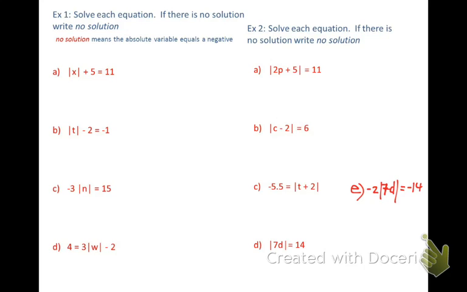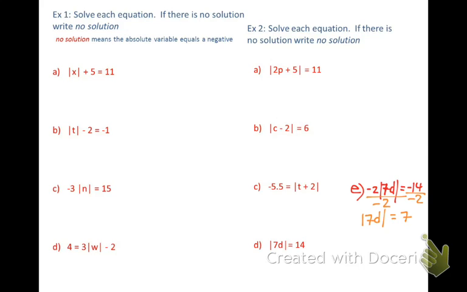And as you can see, the absolute value is not by itself yet. So to get rid of the negative 2, it's multiplying the absolute value, so we're going to divide both sides by negative 2. And so I have the absolute value of 7d equals 7.